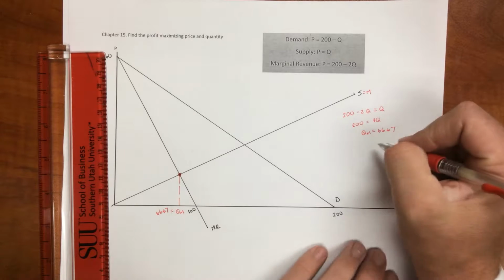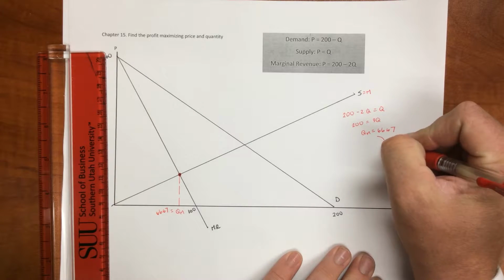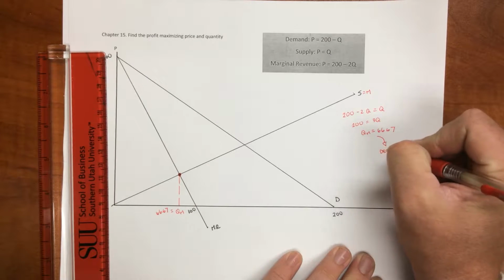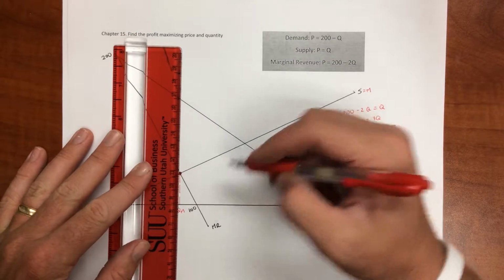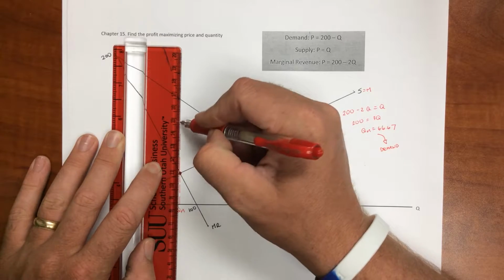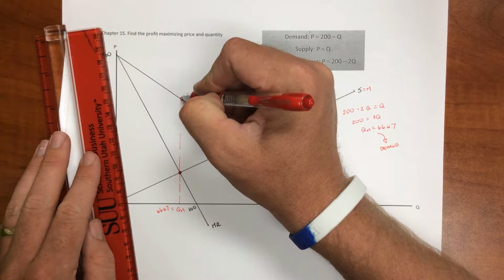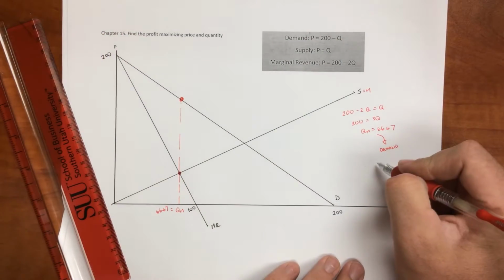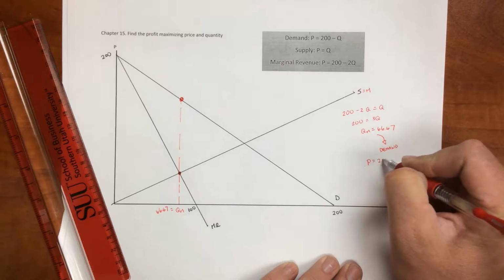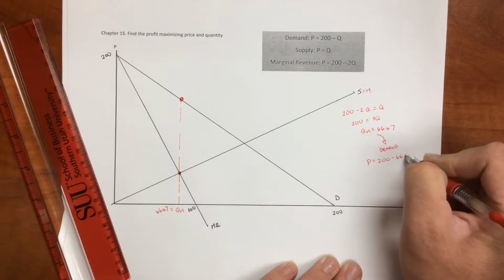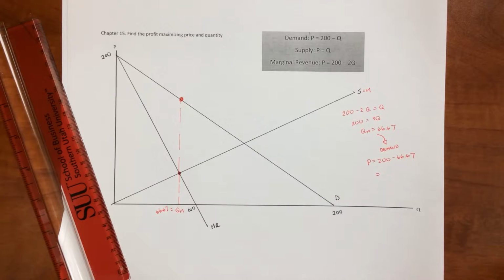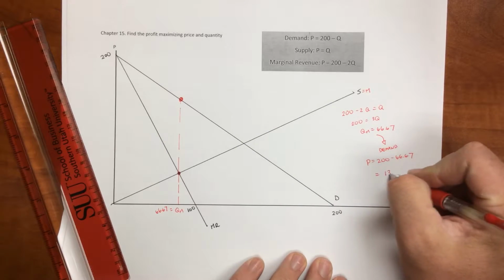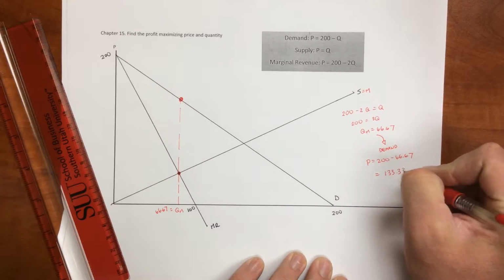And now what we do is we put that into our demand equation. So we take this quantity, and graphically what's happening is we're taking that quantity and just bringing it up here to this point. So we get P is equal to 200 minus 66.67, which is 133.33.